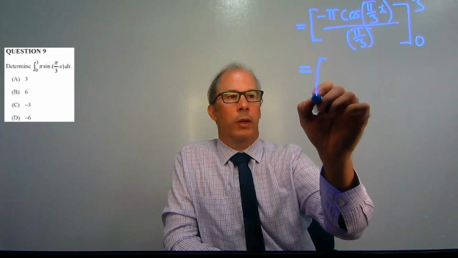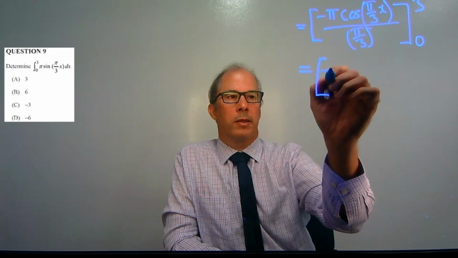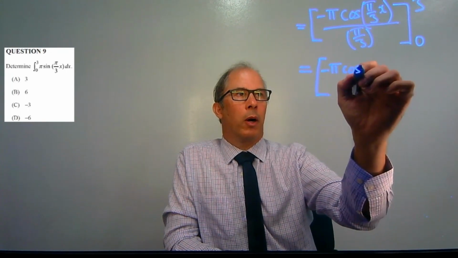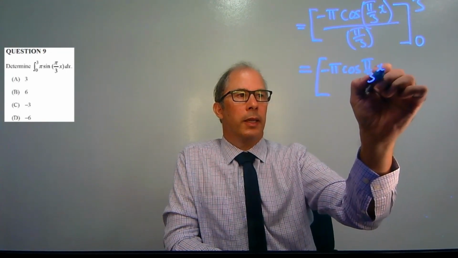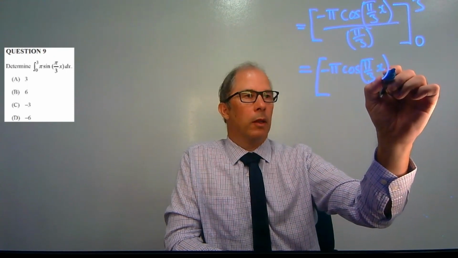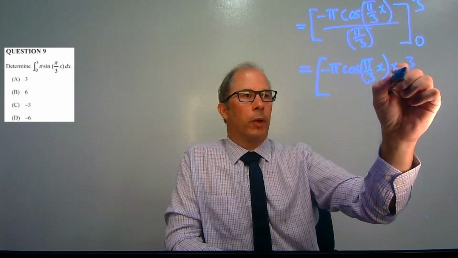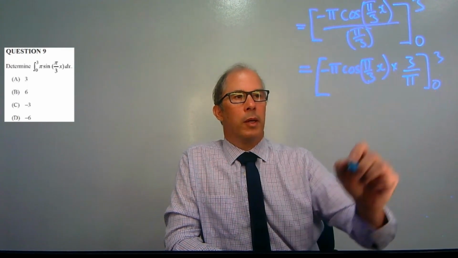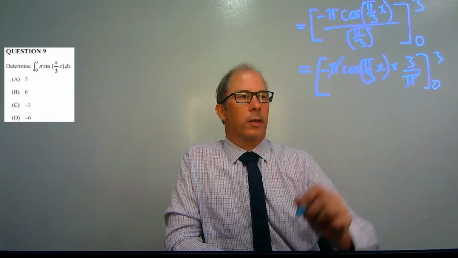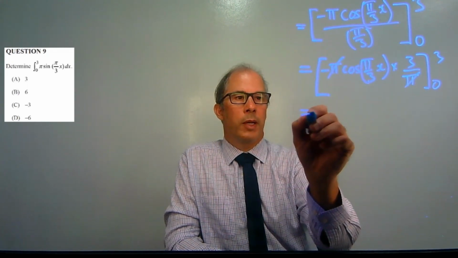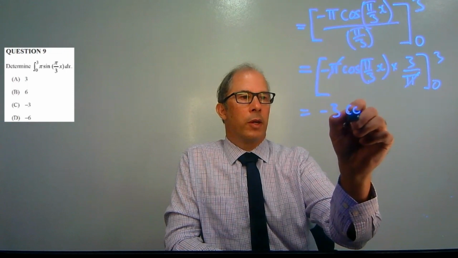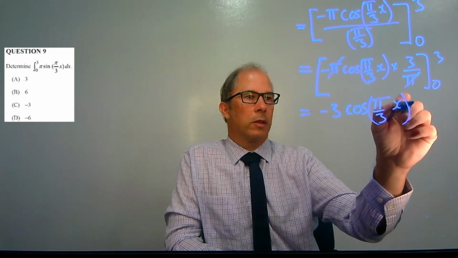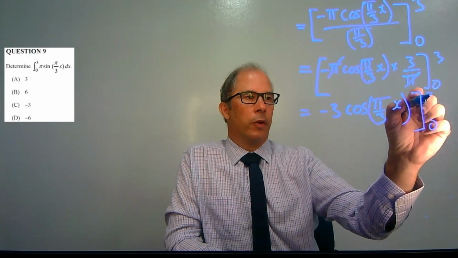Let's look at how we can write this a little bit differently to make it simpler. So we've got negative pi cosine of pi on 3 x multiplied by, now I can write this as 3 over pi, and that just cancels those out, and I'm really just left with negative 3 cosine of pi over 3 x between 0 and 3.